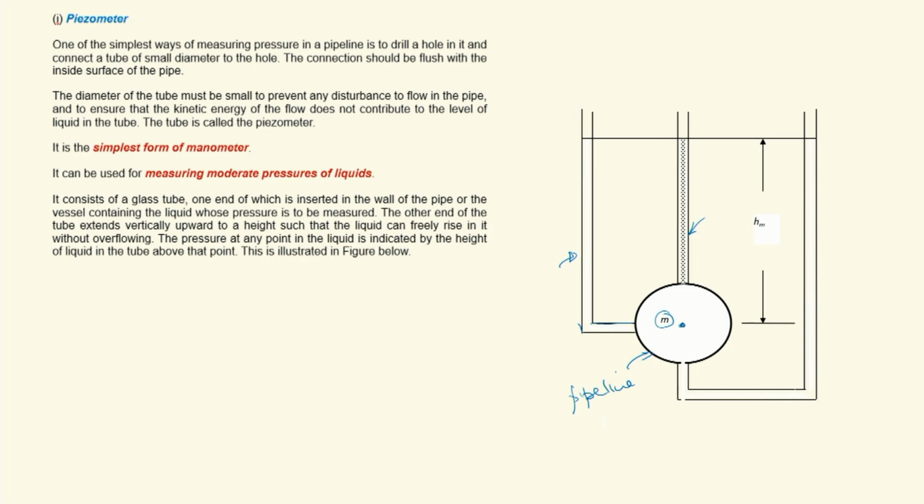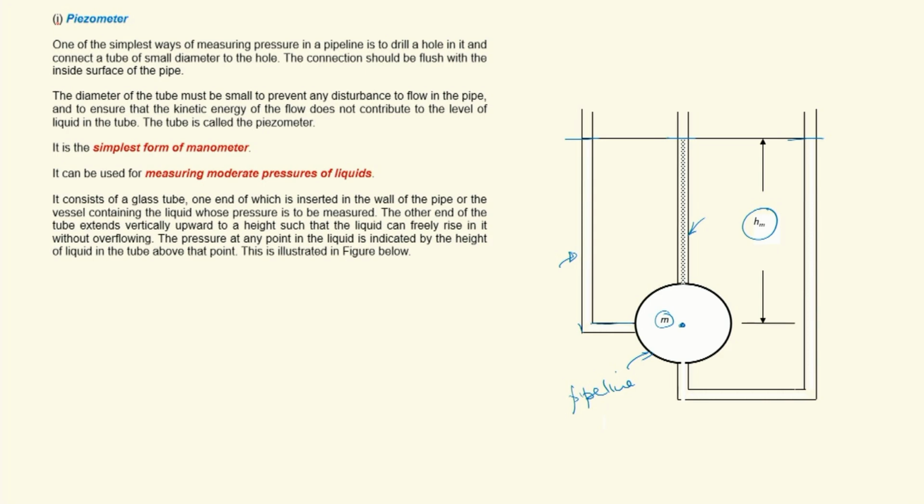In all these cases, the liquid is rising to the same level in all three tubes, irrespective of whether the opening is made at the top, bottom or side of the pipe. In all these glass tubes, the liquid rises to the same height above the center of the pipeline M. So this HM is the same in all three tubes.